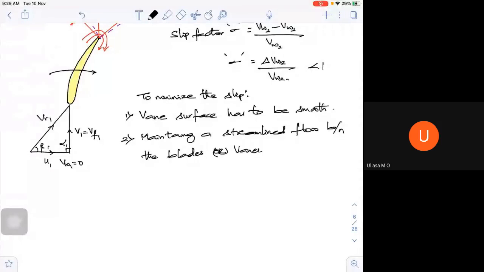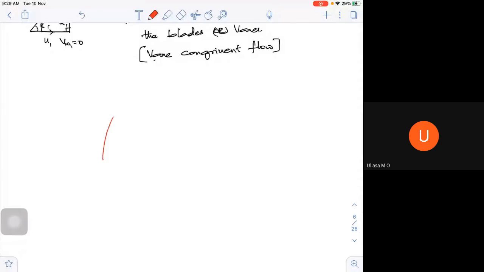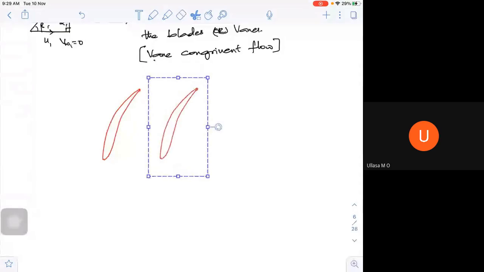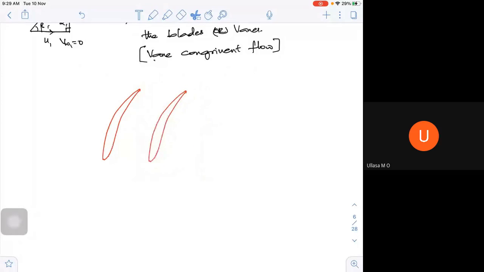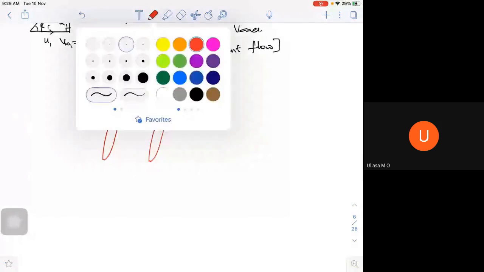Hope you remember in my first class what I told, we call it vane congruent flow. If this is my vane, this is one vane, and if I have a similar vane like this, and I do have a blade like this.